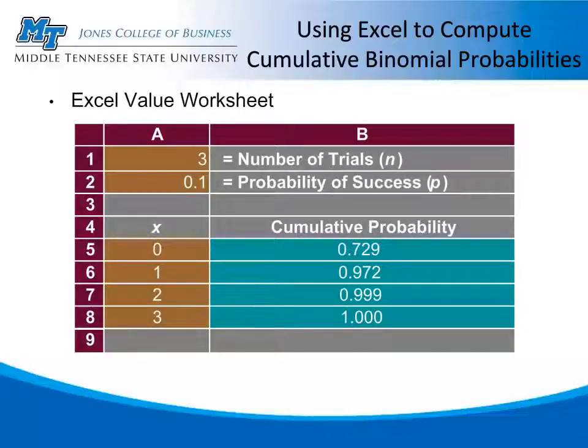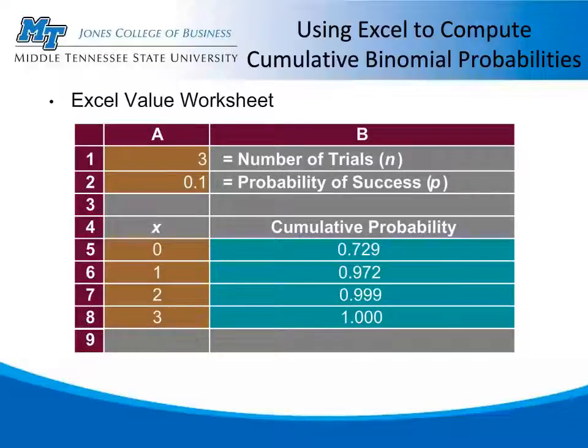So 0.729 is what it was for 0. 0.243 is what it was for 1. So when you add 0.243 to 0.729, that's where the 0.972 comes from.